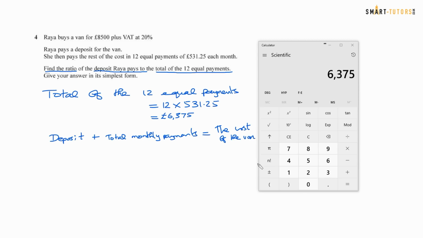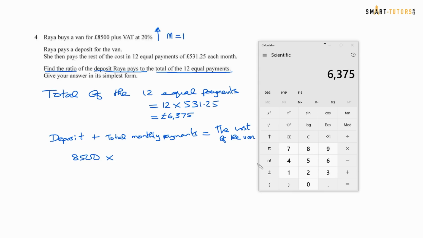So the cost of the van we can find out by 8,500 times 20% VAT.